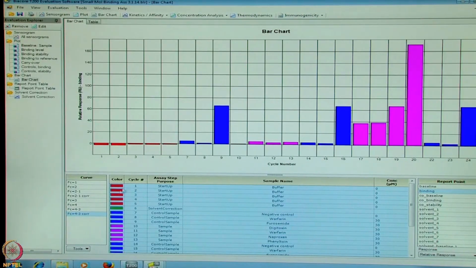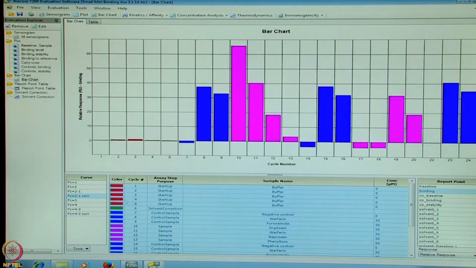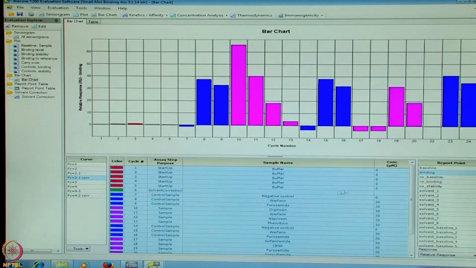Also, similarly at the 2-1 corrected position, we can see a similar kind of data. With this we can conclude some molecules have no binding, whereas some molecules have some amount of binding, and this indicates that the two different surfaces behave differently while interacting with the small molecules.